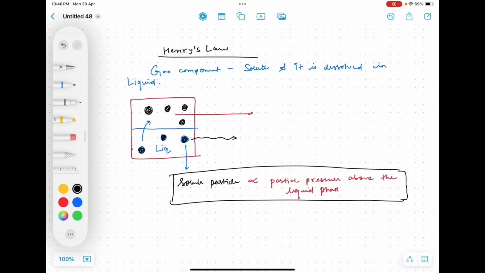And for that we also write its vice versa: if we increase the partial pressure, then the solubility of gas in liquid phase also rises.